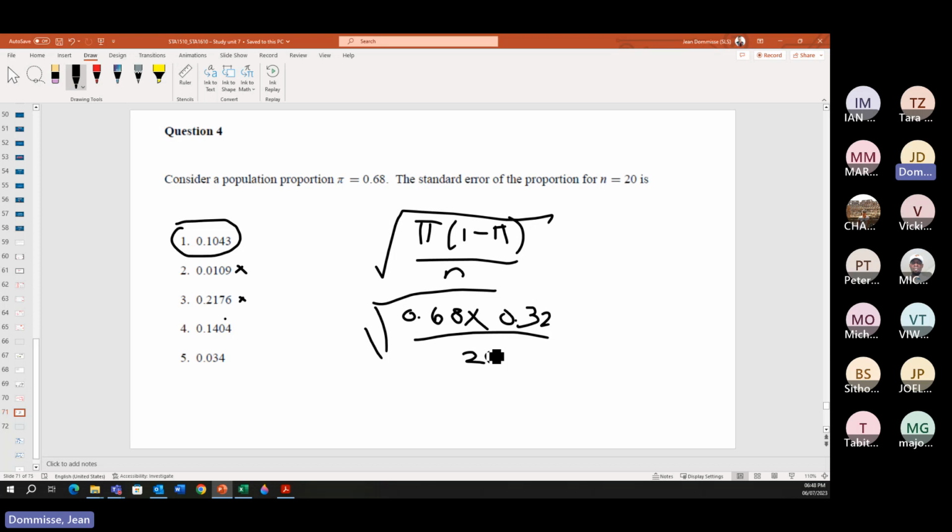If you divided it by the 20, you might have gotten 1.5 points. And then if you do the square root, you will get your full mark. So in that process of working it out, there will be some marks already given to you, even if you don't get the final answer correct.